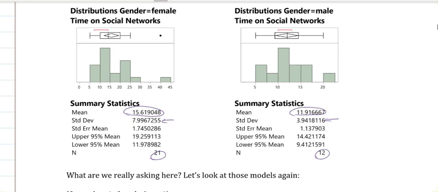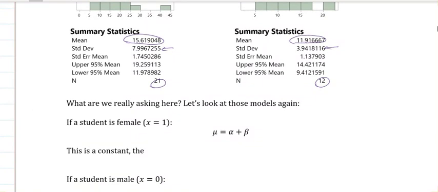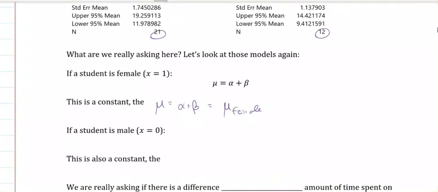So let's look at those models again. If a student is female, that is if x equals 1, mu equals alpha plus beta. This is a constant. That is, mu equals alpha plus beta equals mu female. If a student is male, then again, we know mu equals alpha, that's mu male.